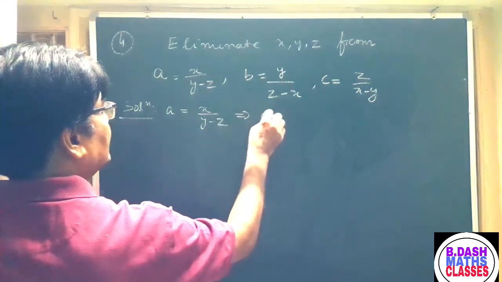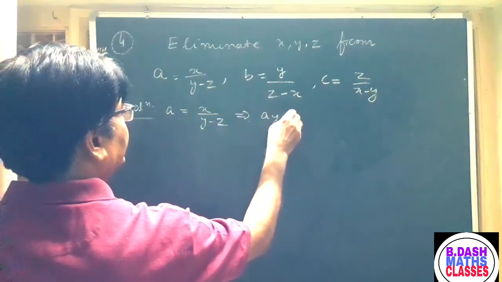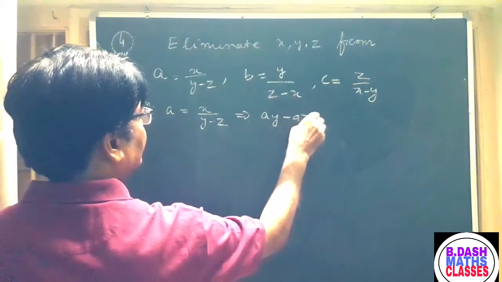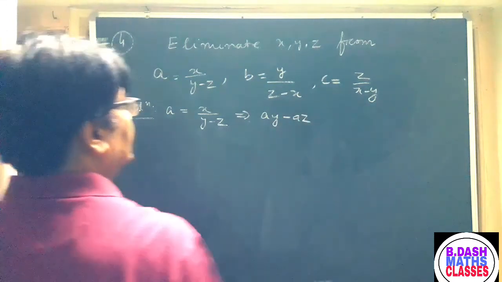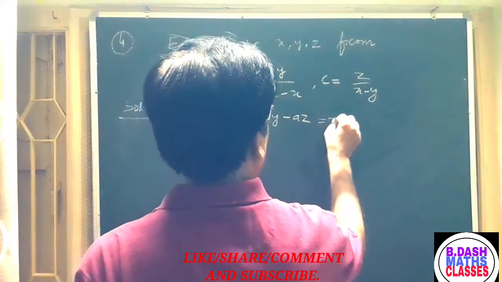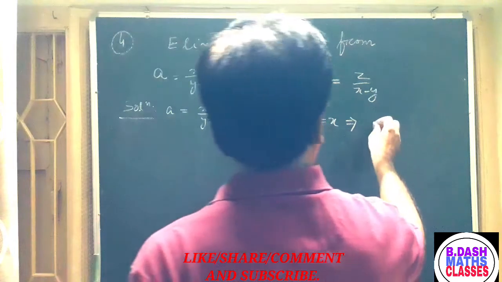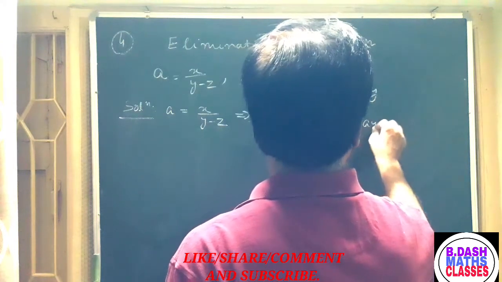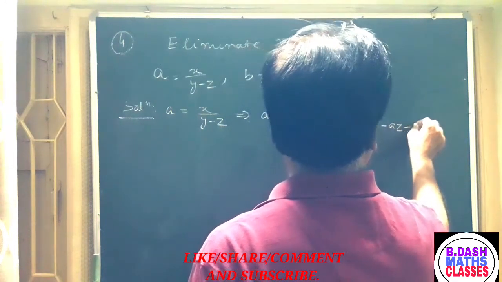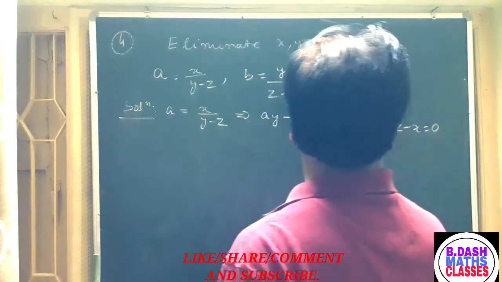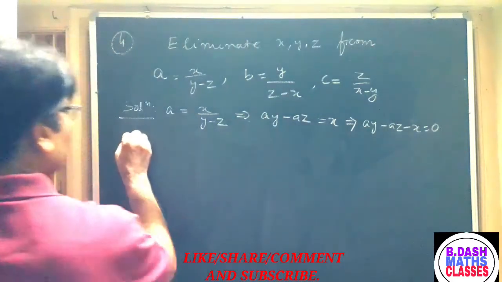This implies ay minus az is equal to x. This implies ay minus az minus x is equal to 0.